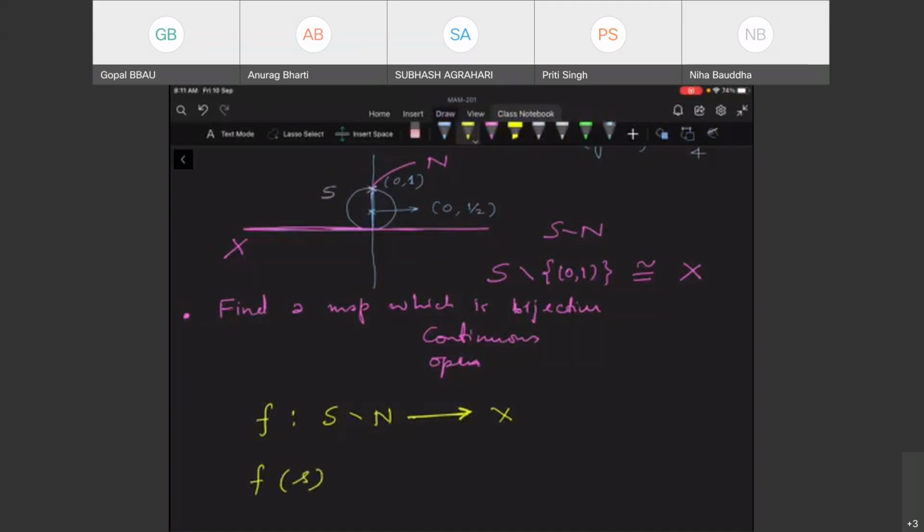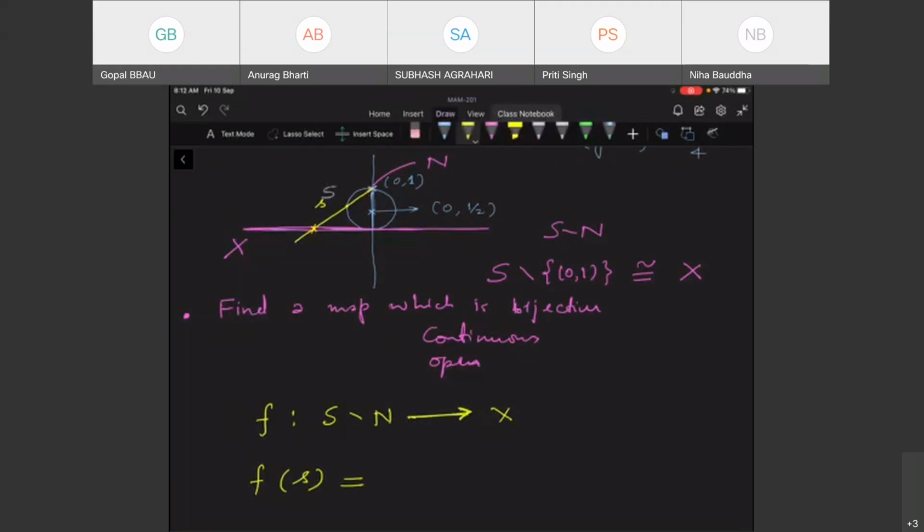Okay, it should be mapped somewhere in X. So what will that point be in X? Suppose this is your small s. You draw a line connecting N and s. It must hit the x-axis at a unique point.